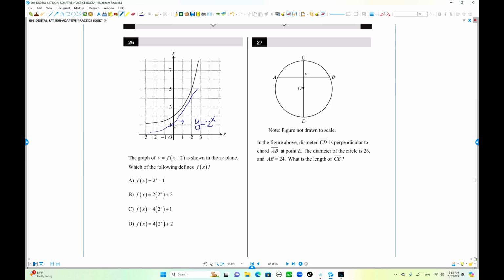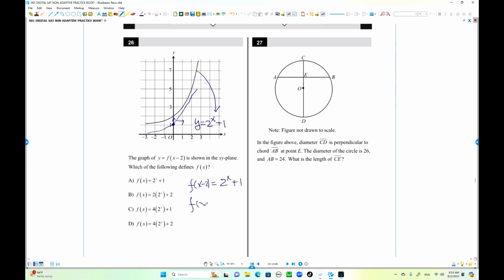Yeah? When x equals 0, initially it is 1, right? 2 to the x. But this is moved up by 1, so now 2 to the x plus 1 is the graph of this one. If you can find this one, okay, that's right. Now after that, we got this one. F of x minus 2 is the equation over here, 2 to the x plus 1.